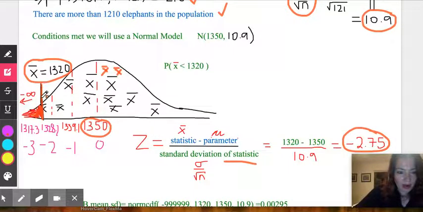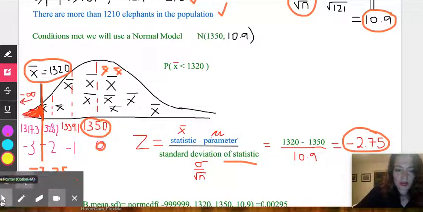We have that our X bar is right here in our distribution. Now looking at our z-score, that is about negative 2 here, and so it makes sense that our z-score right here is negative 2.75.